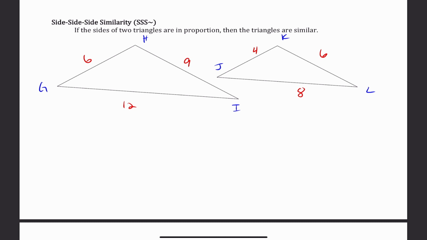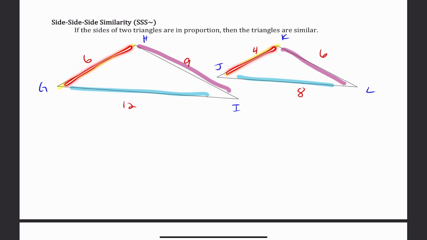What we're going to do is see whether or not these sides here are proportional to each other. Okay? They should have the same scale ratio. So if I say GH corresponds with JK, and I fill it in, I should get 3/2.